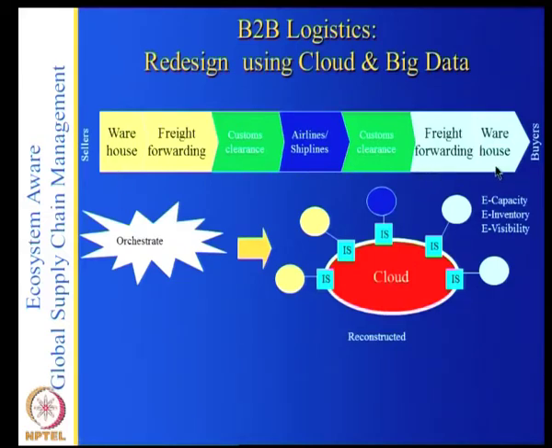One of the things that you could do: supposing the seller is sending something to a buyer somewhere, and if he is doing it frequently, then it's not necessary to go through the optimization route to find the best route, who are the players and all that. You have all the data here.